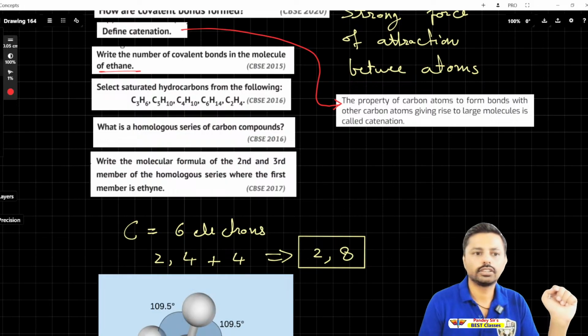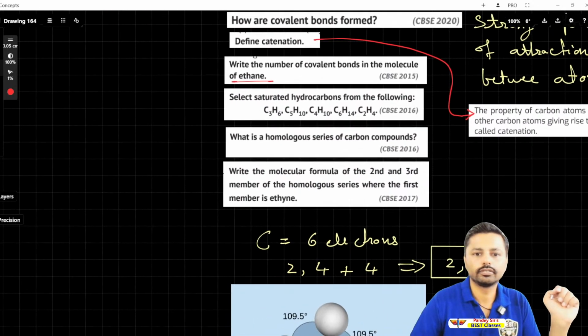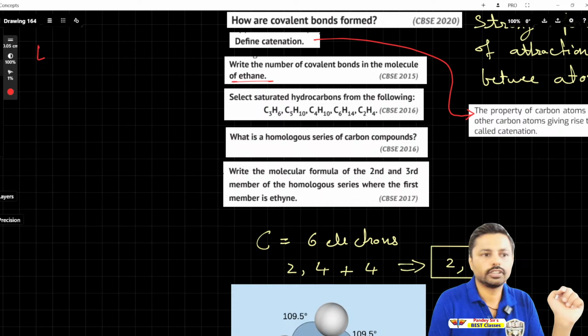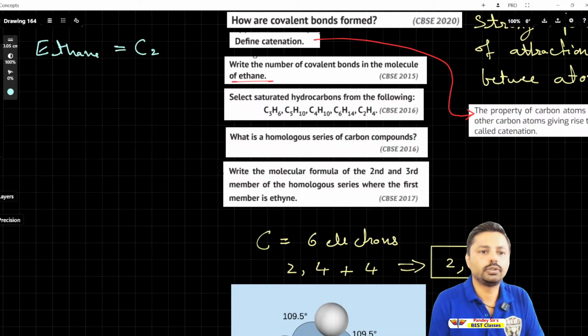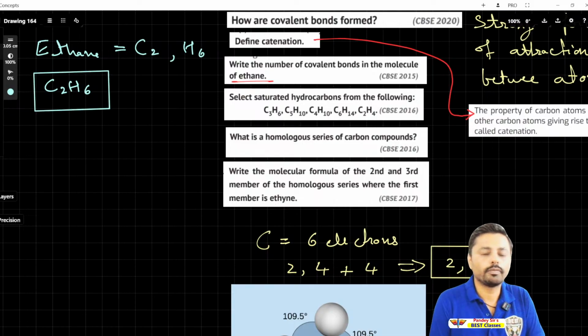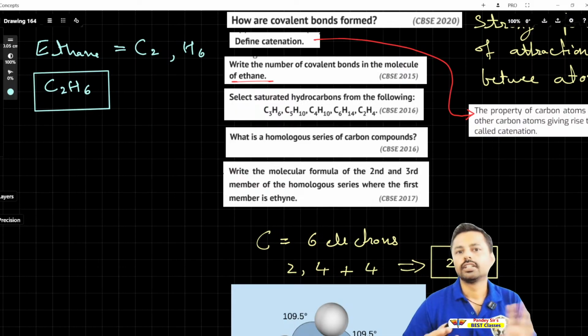So ethane, I'll write on the other side, ethane. What is this? It has C2 and H6. So yes, C2H6, that's it. And this is from the alkane group, which has single covalent bonds, not the double one.